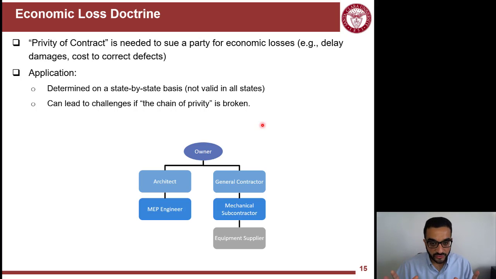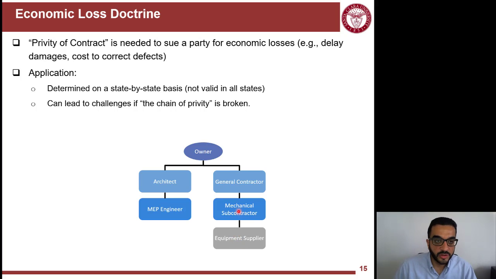The normal case is privity of contract. Let's say this equipment supplier was damaged in a project, so they need to sue someone to recover these damages. They cannot go to court and sue the owner. They first need to look at what type of privity of contract, what relationship, they have.